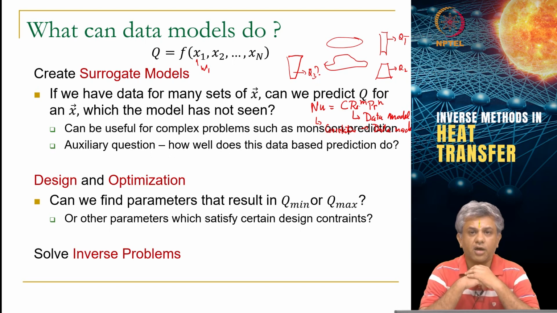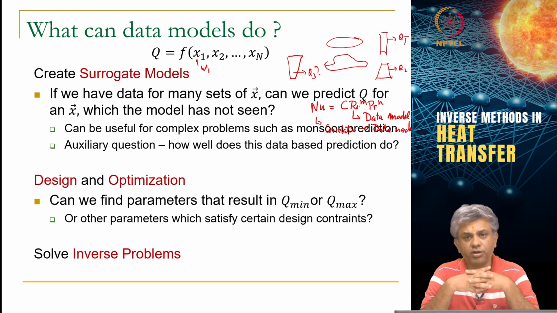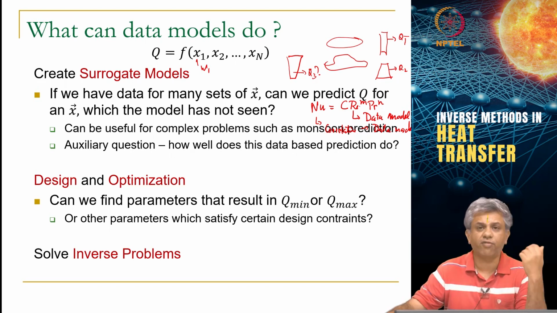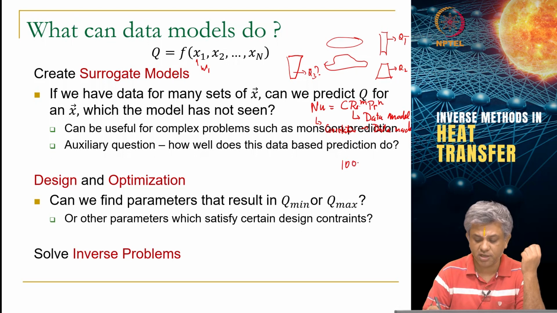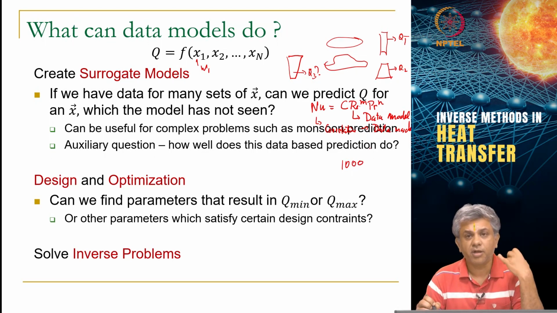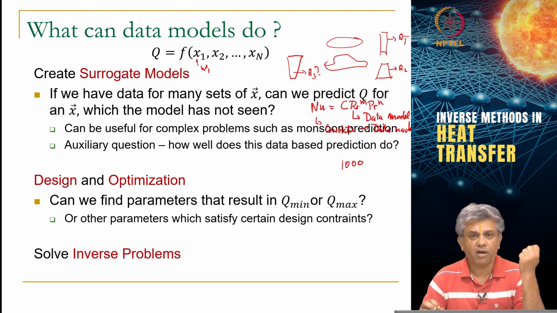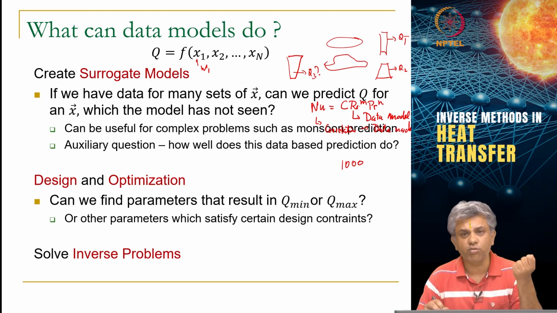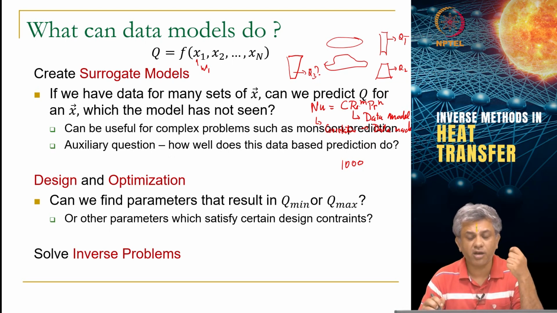For example, let us say you are designing an automobile and you want to design the HVAC, the AC system within the automobile, or you want to design the shape of the automobile itself. What you could do is, you do a few simulations, let us say 1000 simulations, and each simulation is expensive, and based on that you find a correlation between some shape parameters and the amount of drag or the amount of heat transfer, and then you give a new simulation entirely, and this model is less expensive.